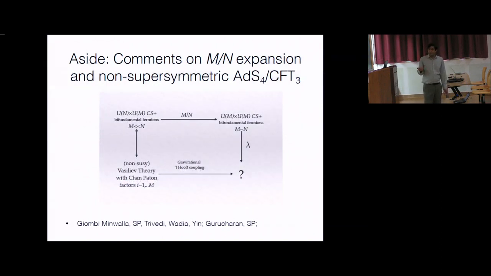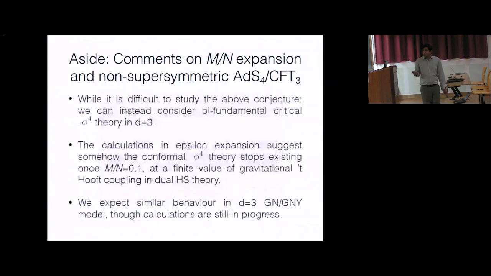It's dual to a higher spin gauge theory, maybe with Chan-Paton factors. As you increase M over N, you get that bifundamental critical O(N) theory. So in the dual picture, there's a gravitational 't Hooft coupling being increased, and we see that the 't Hooft coupling can't get too strong because otherwise the CFT ceases to exist.